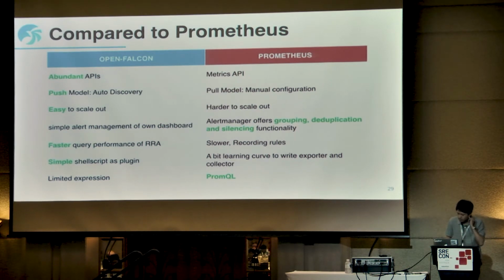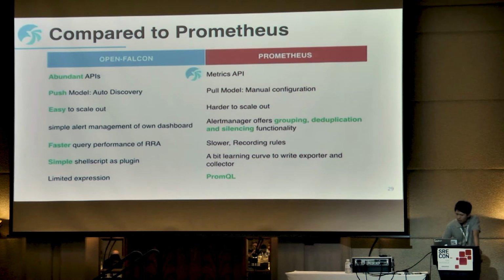Our vision is that Open-Falcon establishes an industry standard of monitoring. So our API provides all the operations in Open-Falcon. Developers can build their own monitoring system based on our API. So compared to Prometheus, Open-Falcon API is more complete.